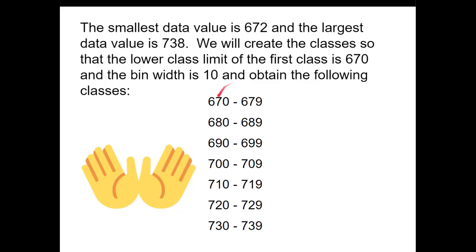And we would continue the pattern until we got to an interval that would enclose that greatest number, right? The greatest data value, which is 738. So this time I'm going to have 1, 2, 3, 4, 5, 6, 7 bins instead of the 14 I had the last time.